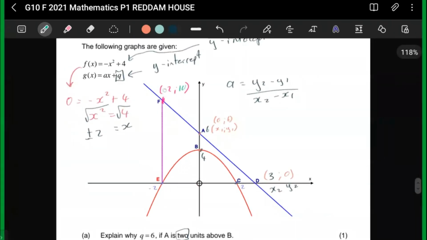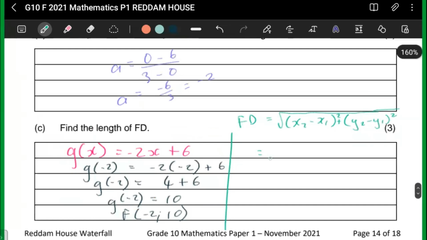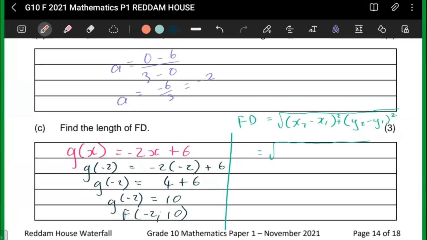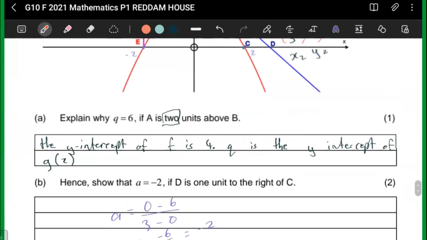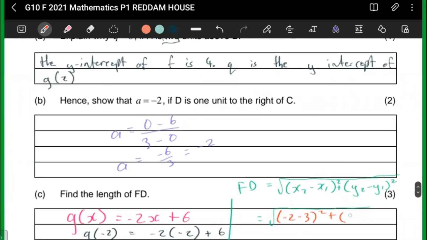So we can say here -2 minus 3. I'm going to square it. Then the y's, you can say 10 minus 0, and then you square it.